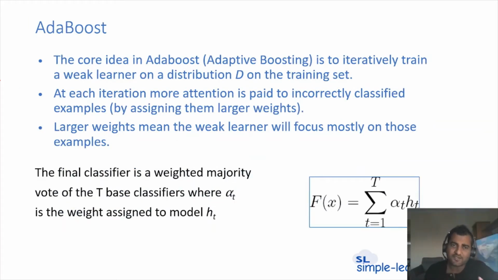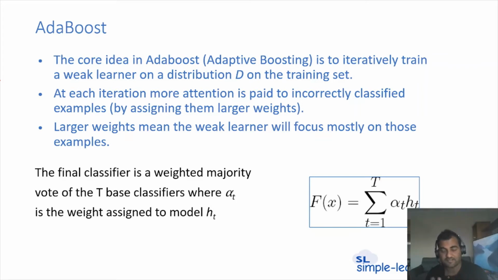Then the core idea in adaptive boosting is to iteratively train a weak learner on a distributed data set. At each iteration, more attention is paid to the incorrectly classified points by assigning them a larger weight. So it is very clear that a larger weight will be assigned to those false predictions.